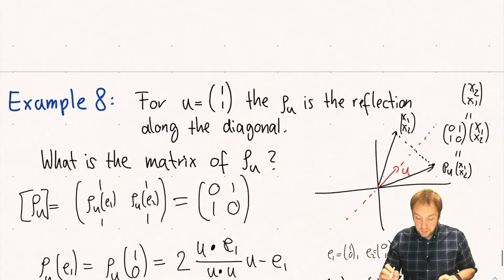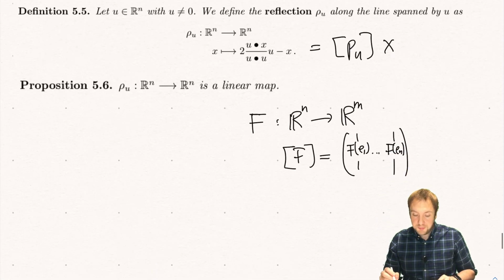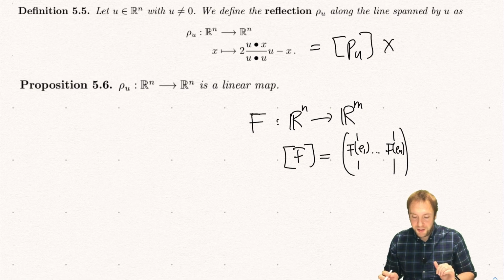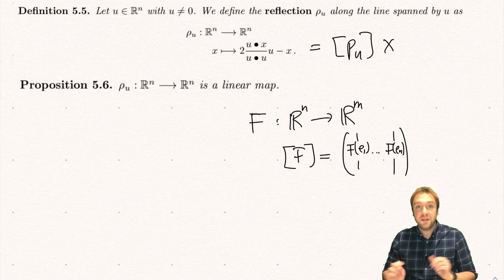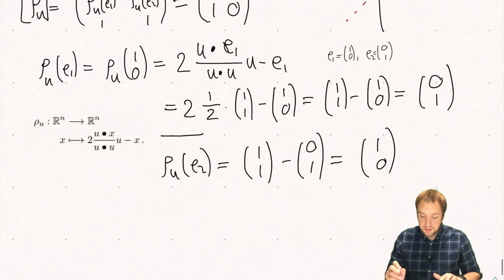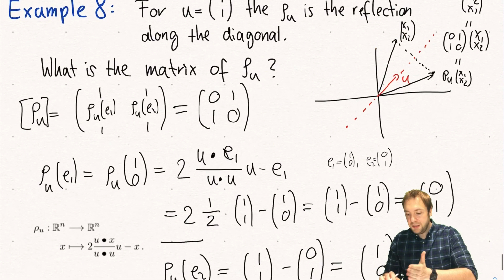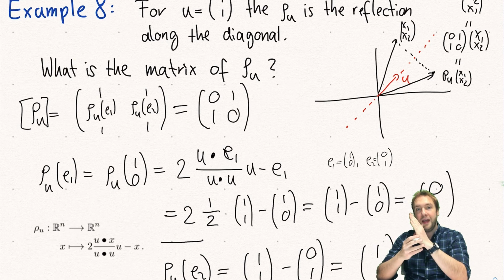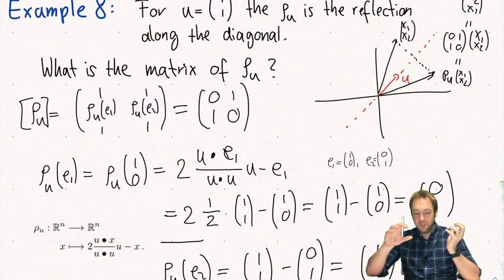And now we can also ask the question again, what is the image of this, and if it's injective or surjective or bijective. In this case, the reflection is everything. Because what is the image? We just take the reflection along a line, and therefore we stay in the same space.